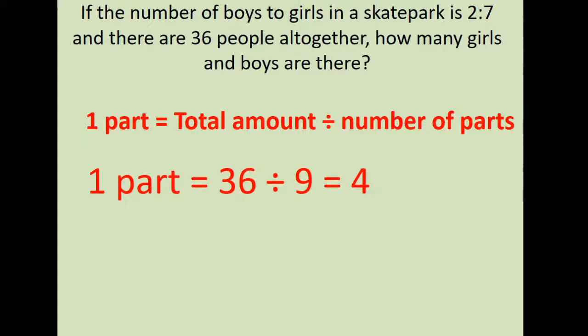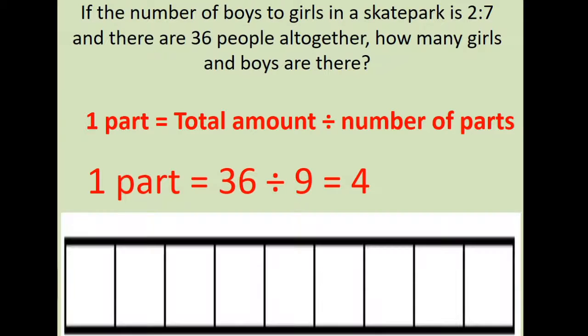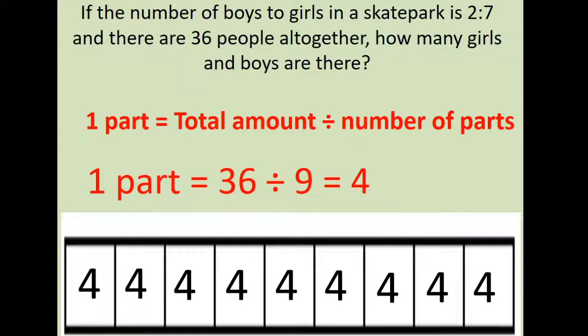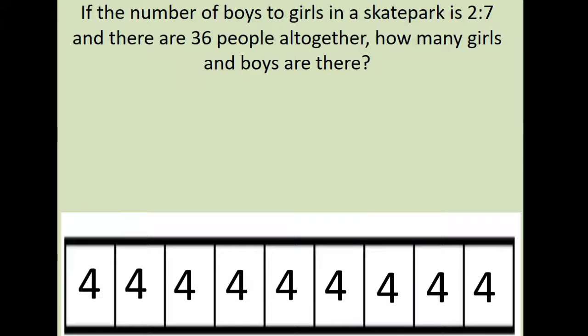1 part is equal to 36, which is the total amount of people, divided by 9, which is the total number of parts, which is 4. So that means every bar is going to be equal to 4. Then involves finding out how many girls there are and how many boys there are.